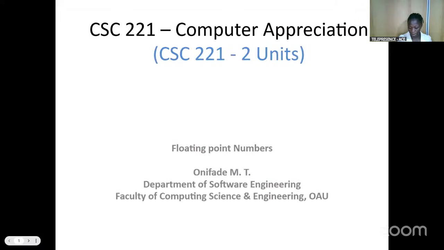Based on our knowledge of the data representation we did in the last class, I am convinced that you have laid your hand on something reasonable on data and data representation. So today we are taking it forward to see what floating point numbers are.